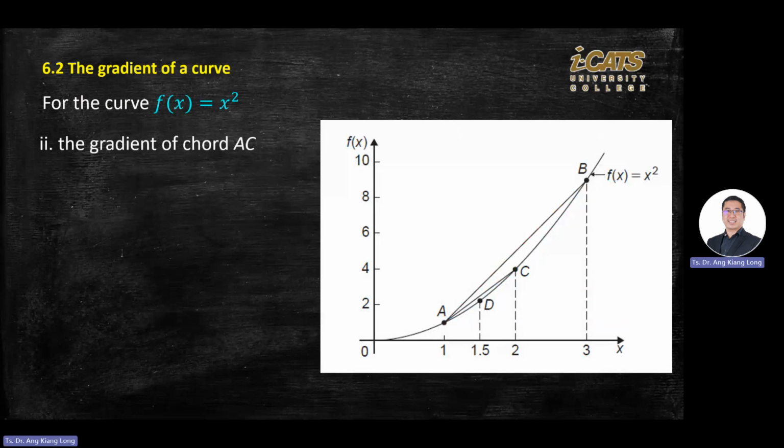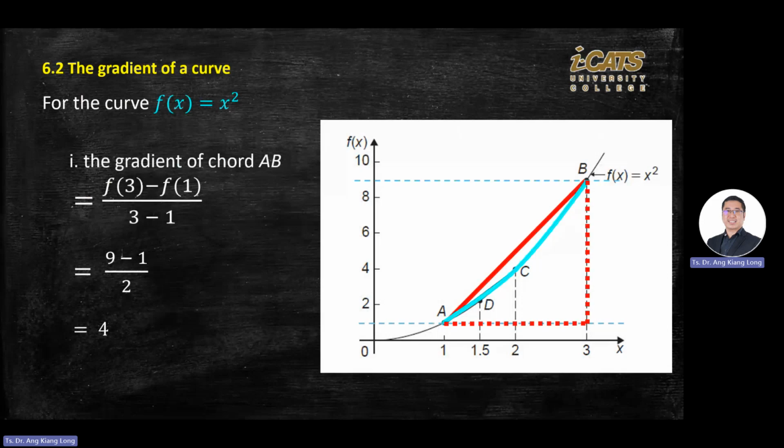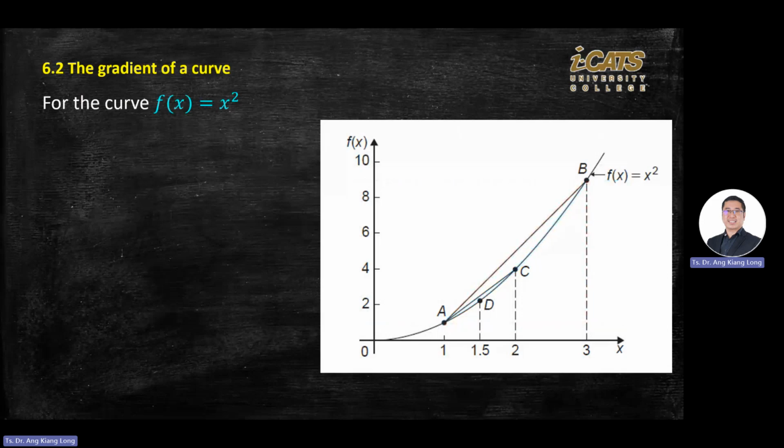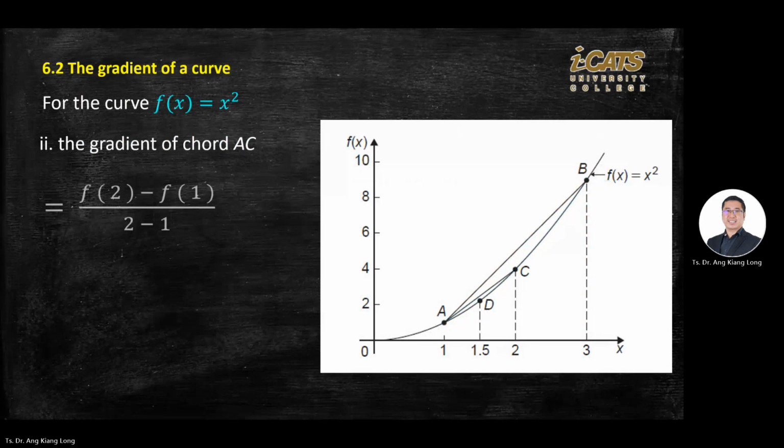If you understand how to get the gradient for AB, you should be able to understand if the question asks you to find the gradient of AC. It's the same. Stop me if I go too fast. The concept is still the same, I just switch the location of the point.